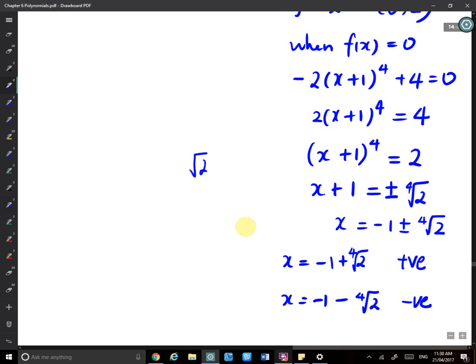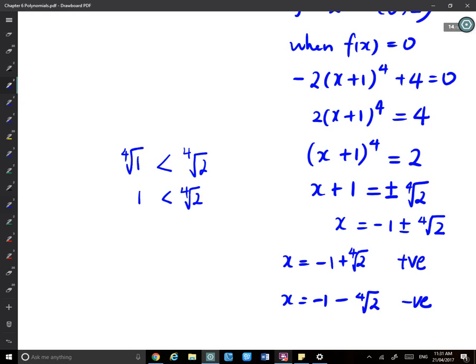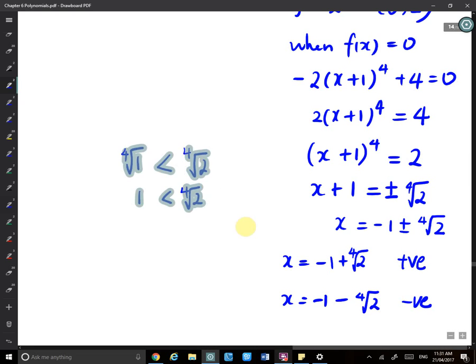Because the fourth root of 2 must be greater than the fourth root of 1. That is 1, so 1 is smaller than this number. Let's say that number is 1.1. So -1 + 1.1 will be positive for sure. So you don't need to know how large this number actually is, but you need to know whether it's positive or negative.